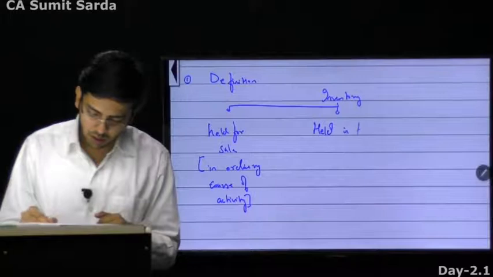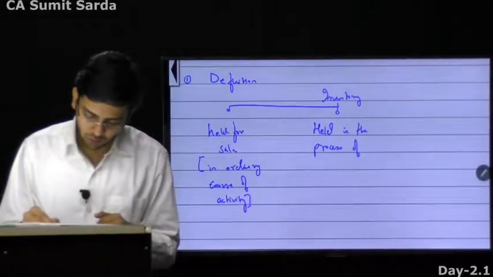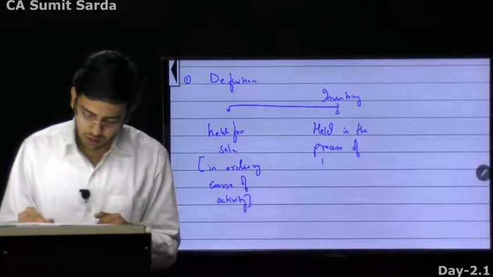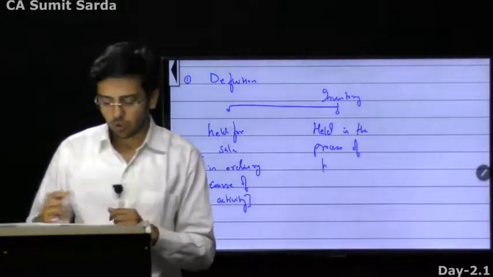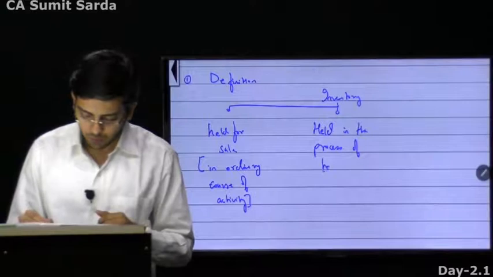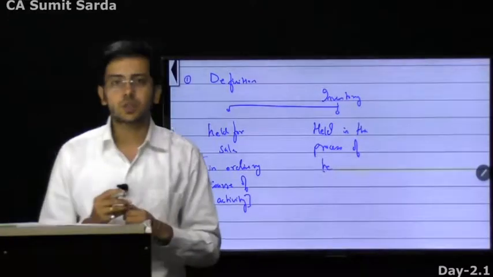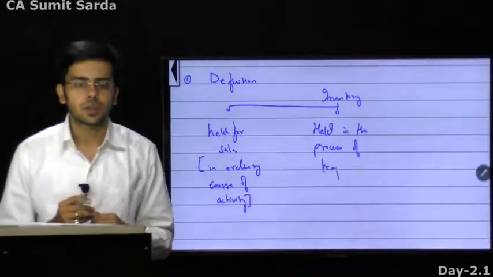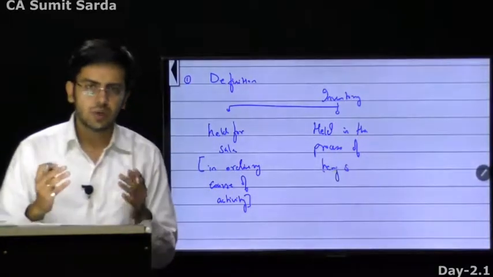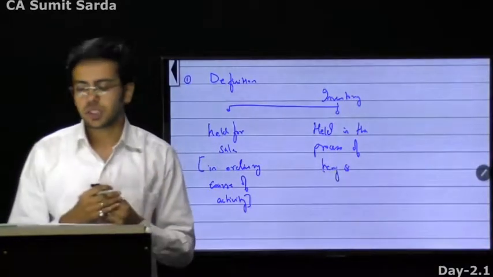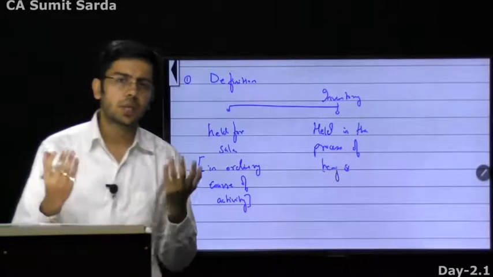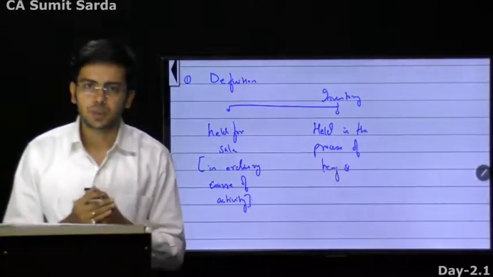Held in the process of being saleable. In the process of being saleable. I basically mean by this to be WIP, work in progress. When you talk about big manufacturing companies, let's say a manufacturing company like Tata which is manufacturing automobiles.